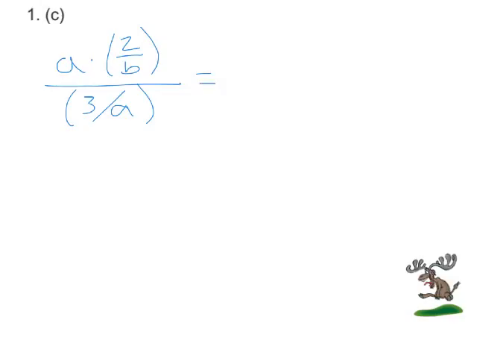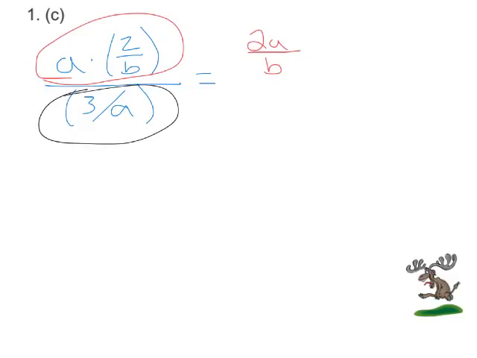Moving on to 1c, what we have is a times the quantity 2 over b all over the quantity 3 over a. And what we can do is start simplifying each piece down until we remove all the fractions. So let's focus on the numerator. Our numerator is basically a fraction times a fraction, so what we have is 2a over b. And our denominator is already simplified down to 3 over a.